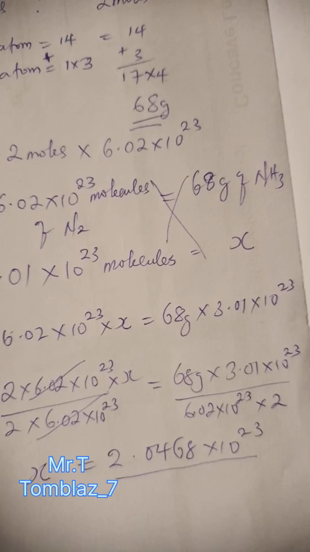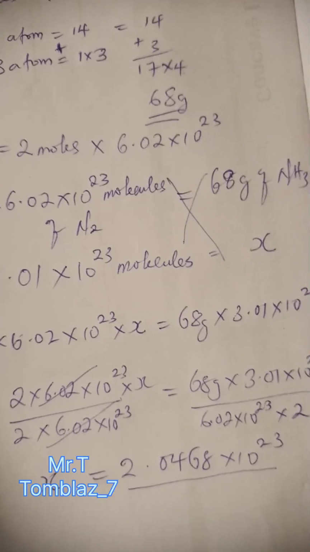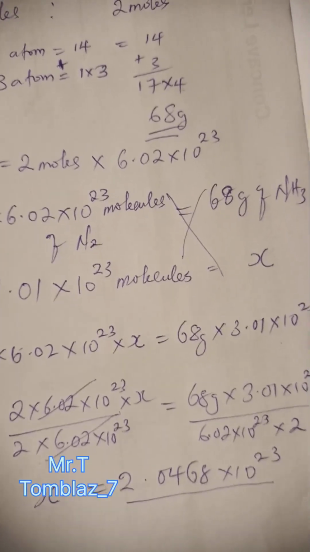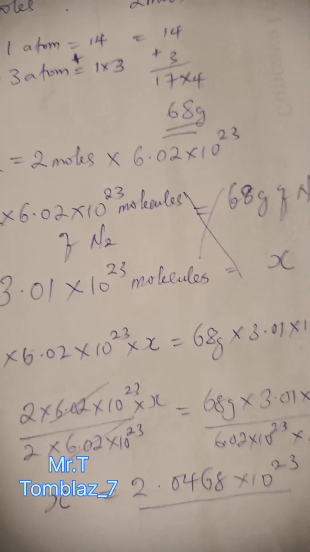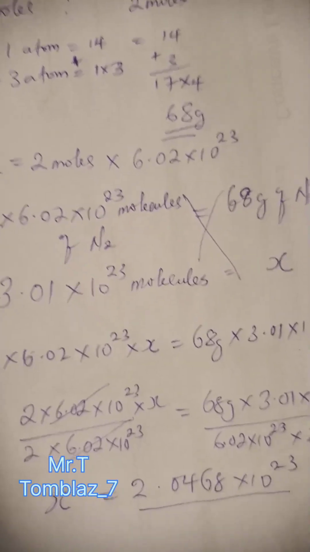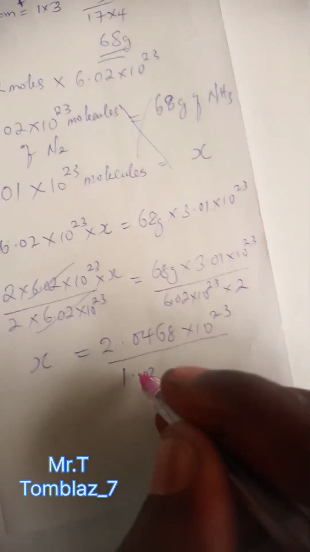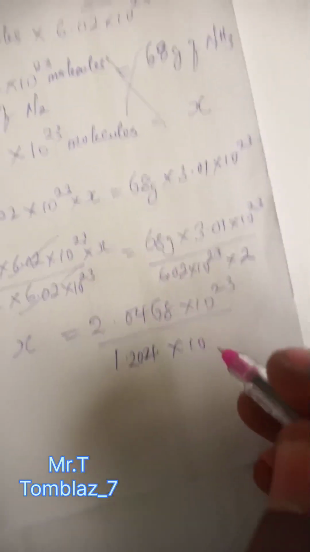Let's just multiply 2 by that value. 6.02 exponential 23 times 2 gives us 1.204 times 10 raised to power 24.